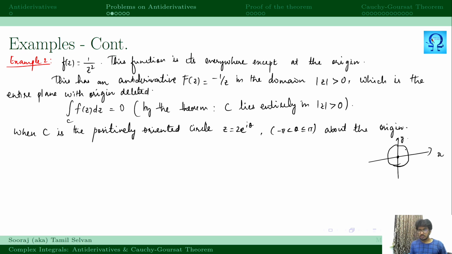If this is our alpha, positively oriented, with radius 2, then only this point is deleted. The contour means we are tracking only the arc, not the interiors. Here remember we are considering the circle, not the disk, right?